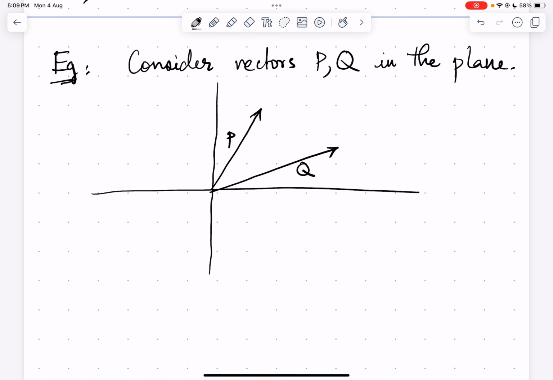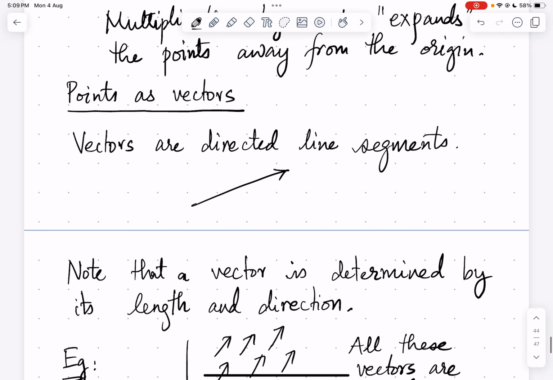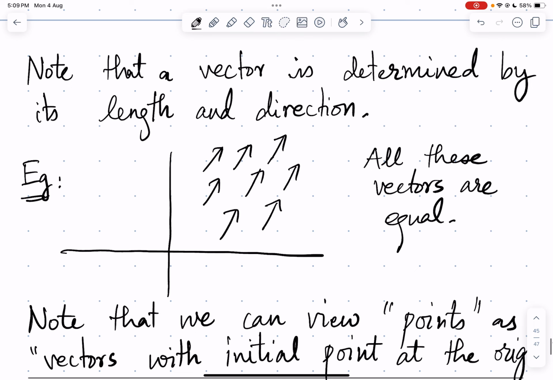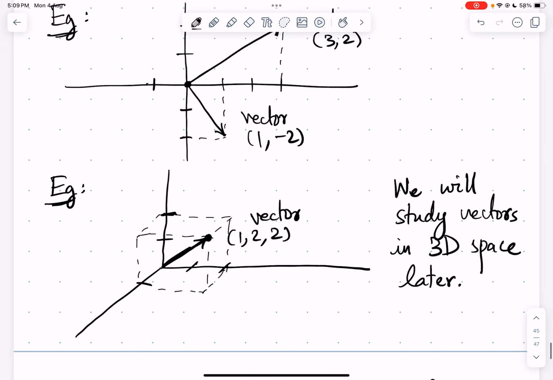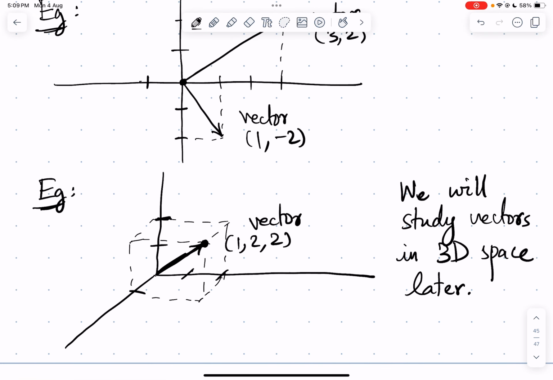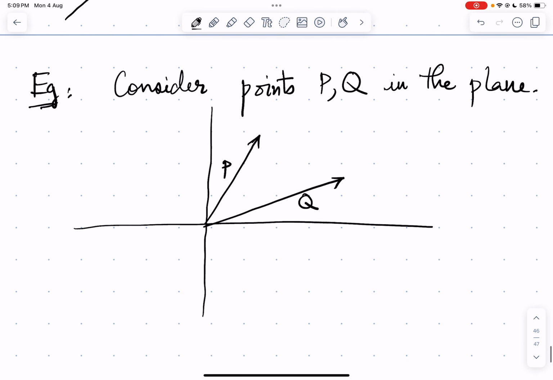We already said points can be considered as vectors, but the converse is not true. Vectors cannot necessarily be considered as points because all these vectors are the same. So you can't really use just a vector to specify a point, but a point can be thought of as a vector.